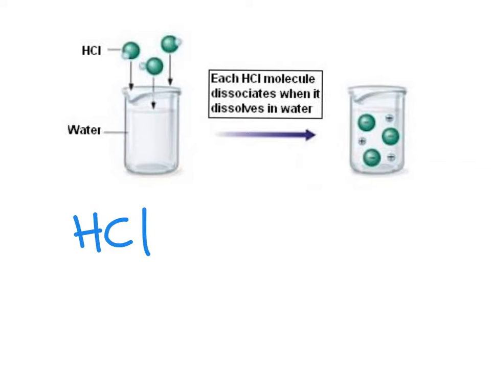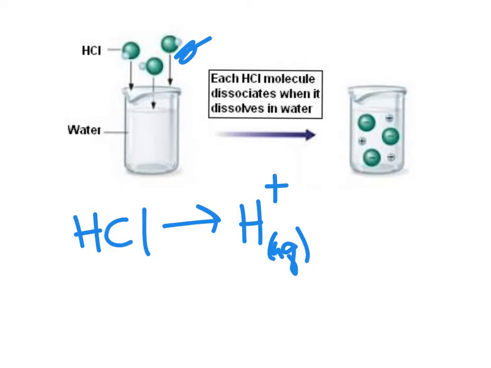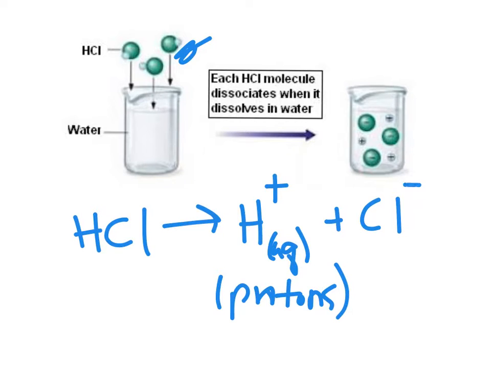But that doesn't change the fact that when it is dissolved in water, as shown here, it breaks apart into aqueous H plus cations, which are also called protons, because a hydrogen atom that has lost an electron to become positively charged only has a single proton left. So hydrochloric acid molecules dissociate into H plus cations and chloride anions, again, that are aqueous.